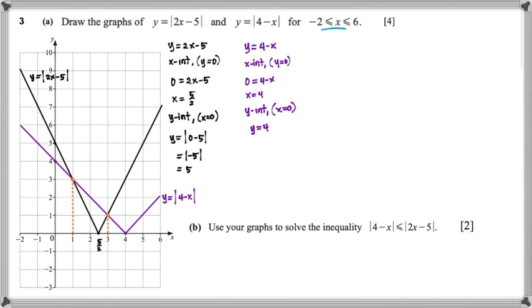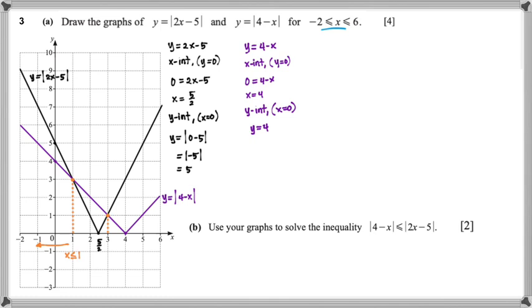Now, the set of points that are under y equals the modulus of 2x minus 5, the ones going to the left of that 1, so we can say that x is less than or equal to 1.